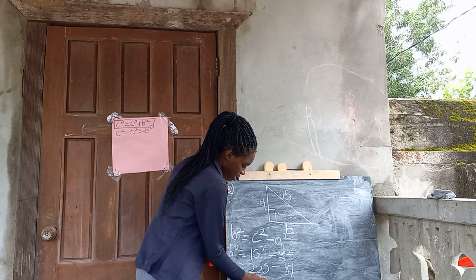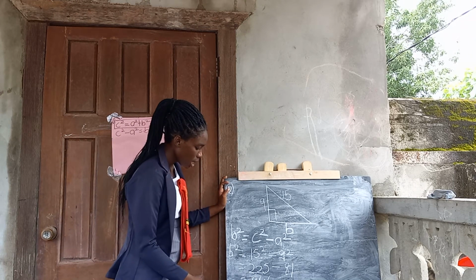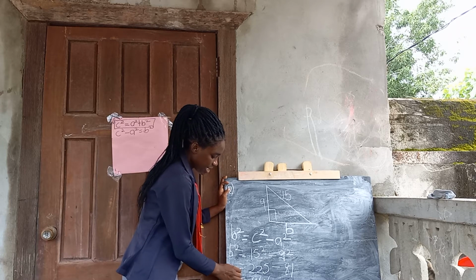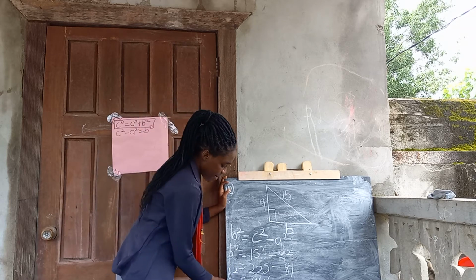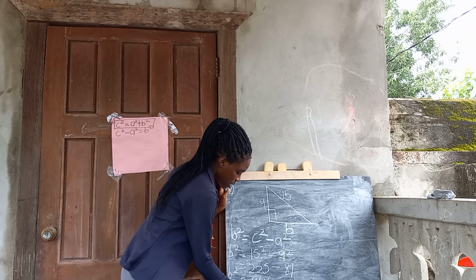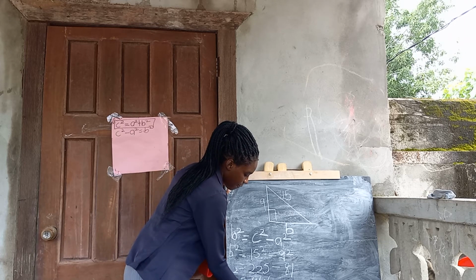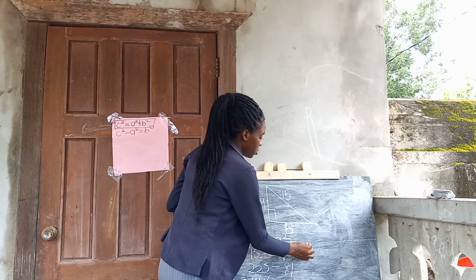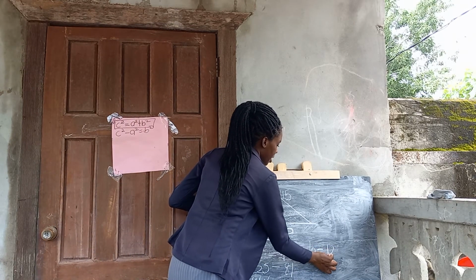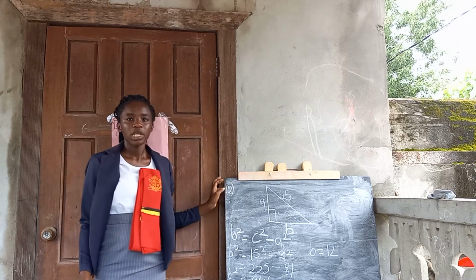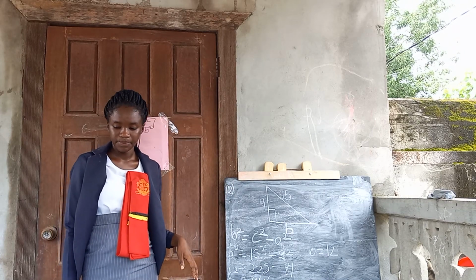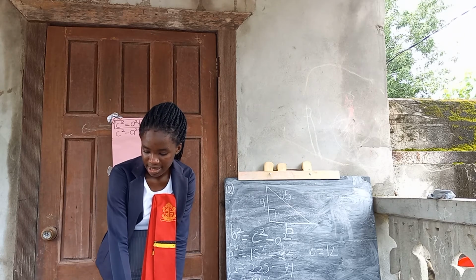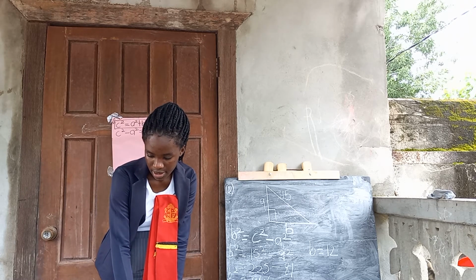Yes, 144. But we still want to find b, and the square is on the b. So to find b, it's going to equal the square root of 144. So therefore, b is going to equal 12. Do you understand that one? Very good. So you can make your necessary correction.